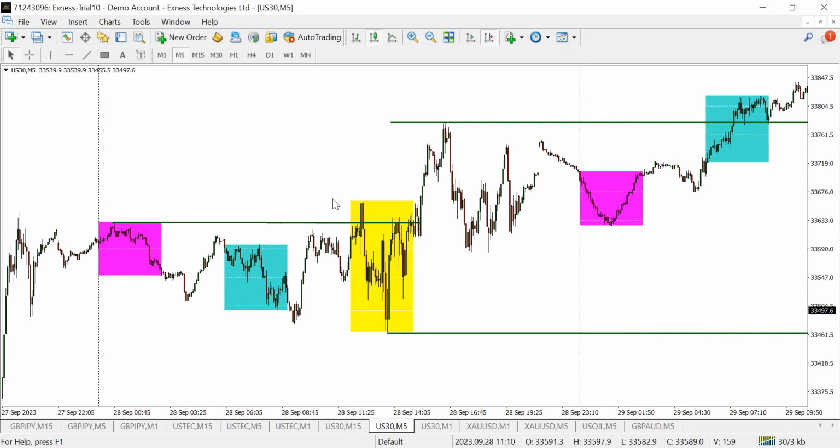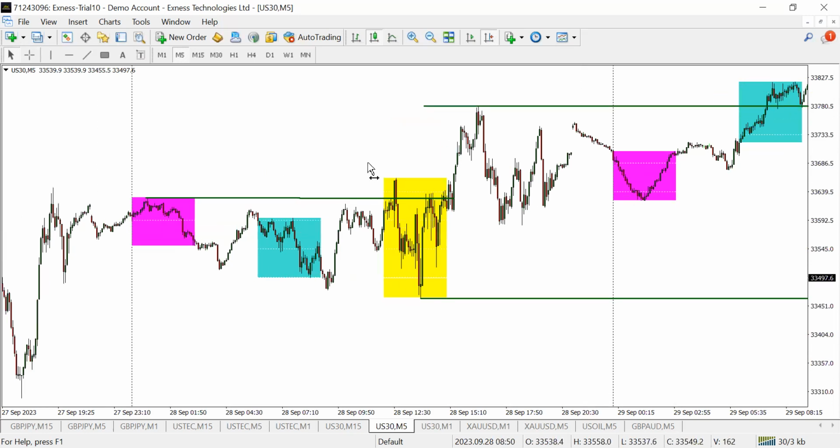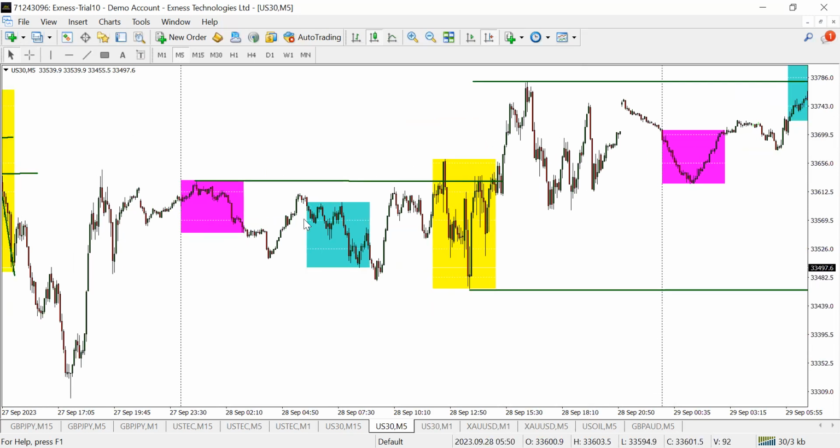Let's look at it. I took a trade on this day, but let's work it out. This should be 150 pips. Market went down 150 pips here at the low of the day.